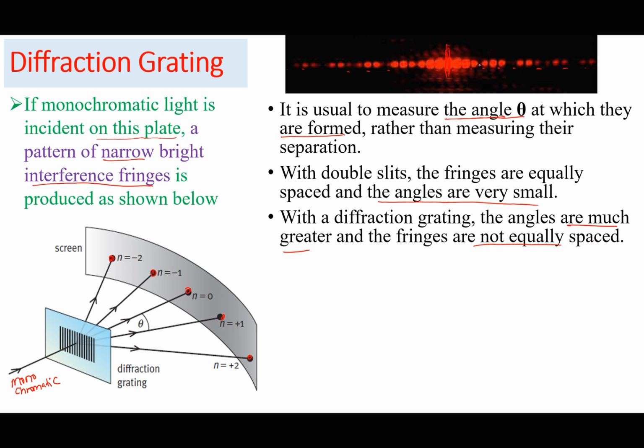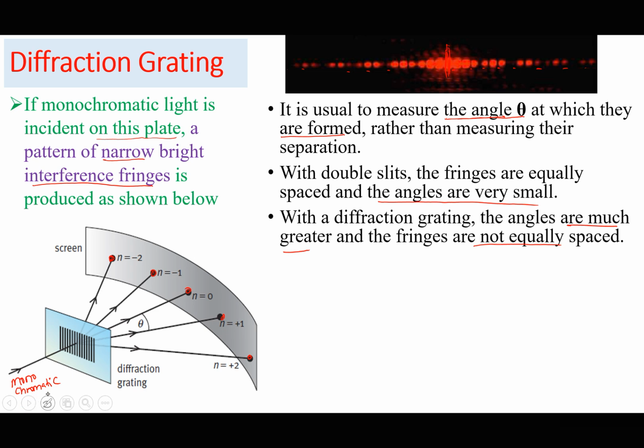The bright spots will not be equally spaced. And that's why it is even hard to see many of them clearly on a flat screen. So that's why here I demonstrated this with a curved screen. If we want to see many of them, we must have a curved screen.